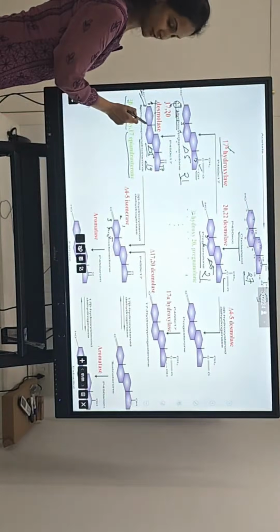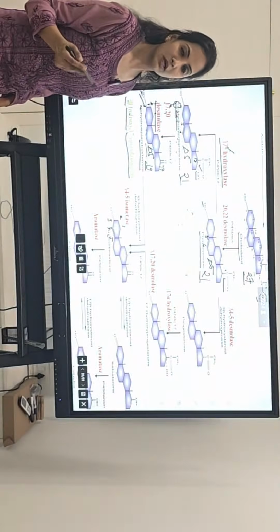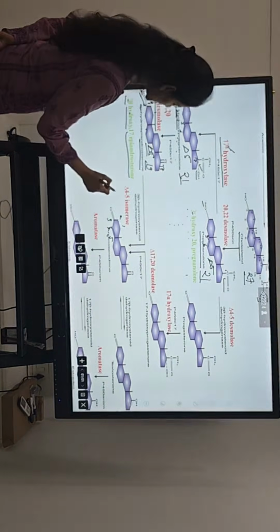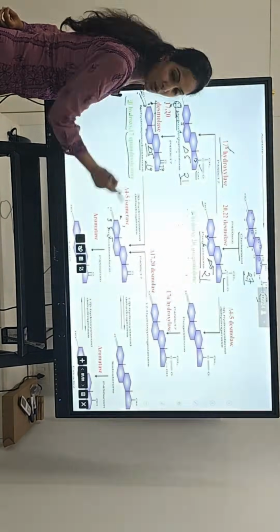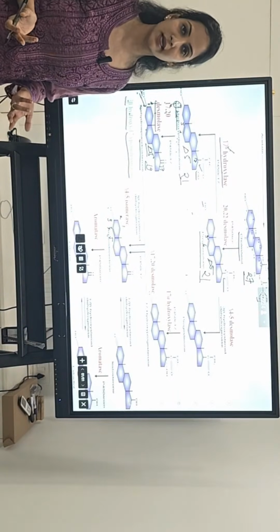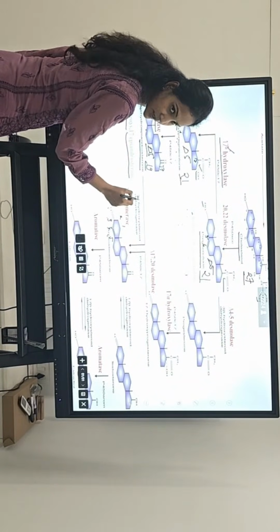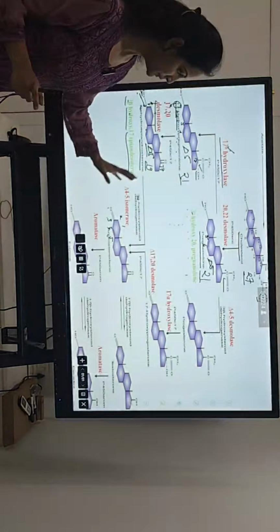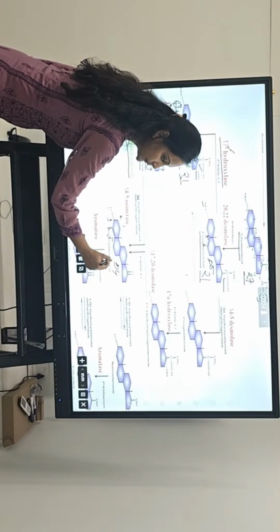Now the double bond has shifted from here to here, so this is a delta 4 compound. The enzyme we will use is isomerase. In the third position there was an OH group, but now there is a ketone group. So if we are converting an OH group to a ketone group, which enzyme will we use? Dehydrogenase. At which position? The third position, on the beta side. So the enzyme will be 3 beta hydroxy steroid dehydrogenase. The product will be androstenedione, which will also be delta 4, right?